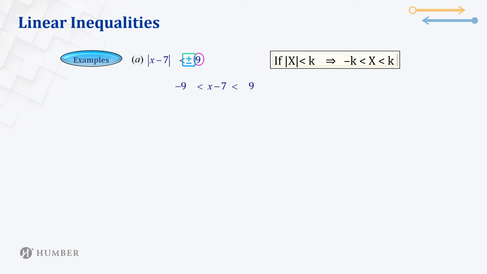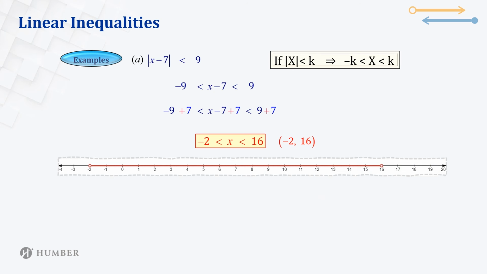We add 7 to all three parts to isolate the x term in the center. Then we have the solution as shown as well as its graphical representation.